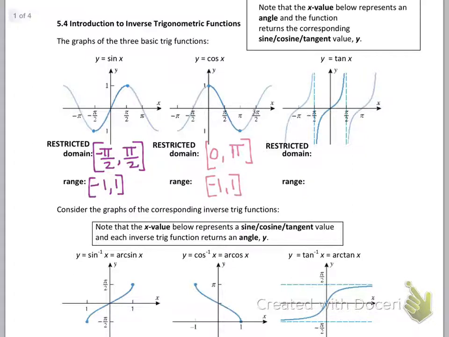And then tangent is very similar to sine, however, we have vertical asymptotes, so we're going to go from negative pi over 2 to pi over 2, but we're not going to include negative pi over 2 and pi over 2, just everything between it. And then the range for this one is all real numbers, negative infinity to infinity.